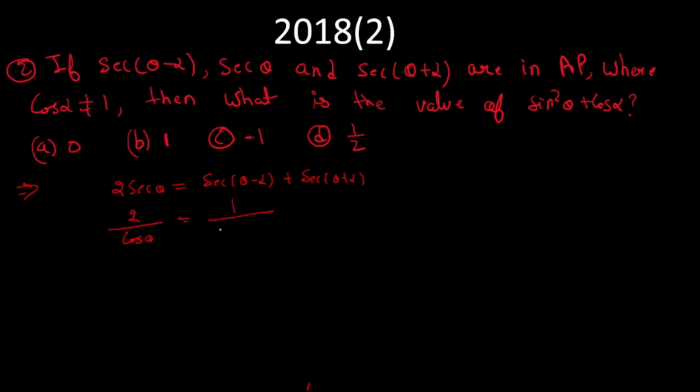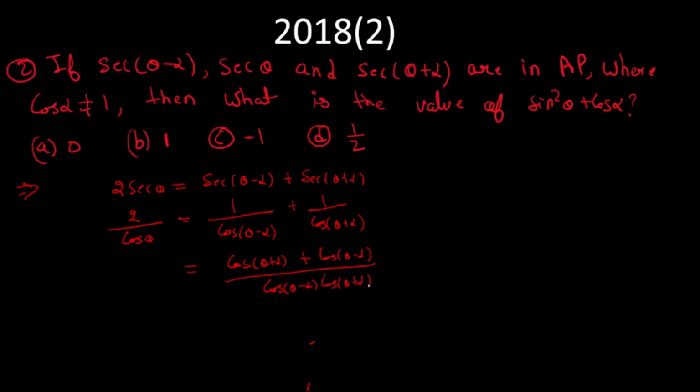Here it becomes 1 upon cos(theta minus alpha), here also cos(theta plus alpha), and then we take the LCM. Here we get cos(theta minus alpha) and cos(theta plus alpha), and here the same 2 cos theta.